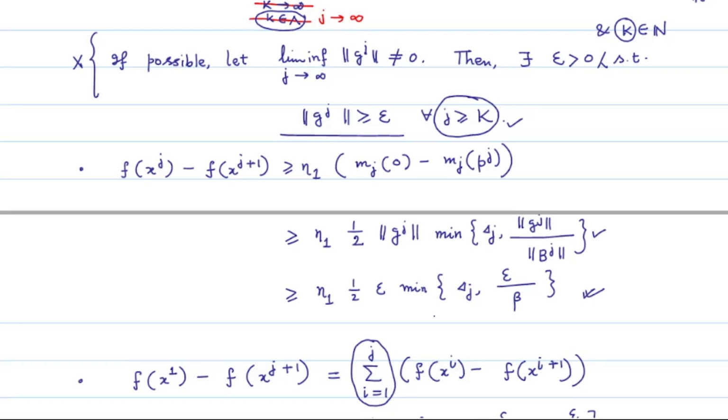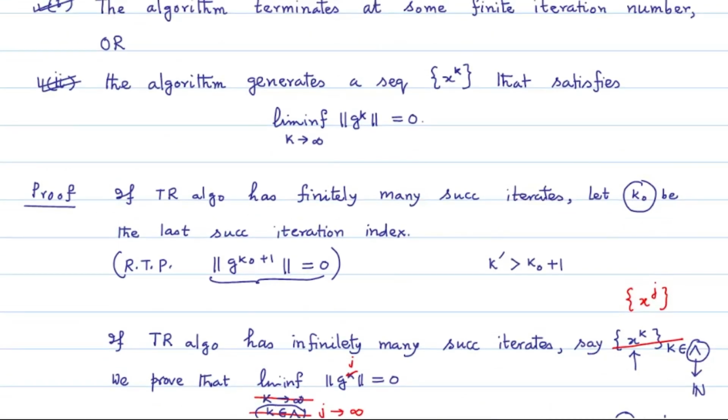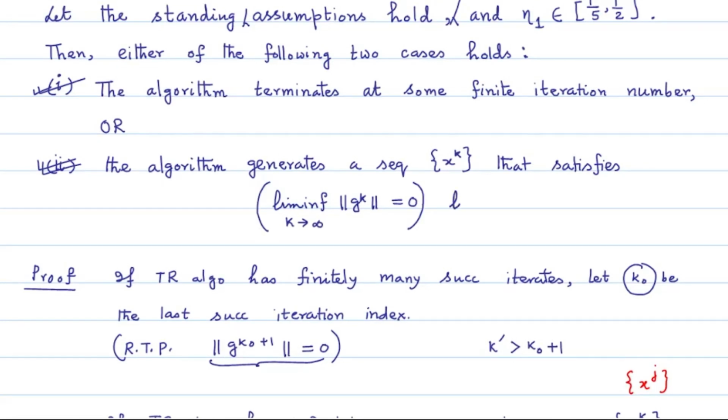In fact, part 2 of the result can be replaced by limit k tends to infinity norm gk is equal to 0. The proof for this can be found in the book of Sun and Yuan.